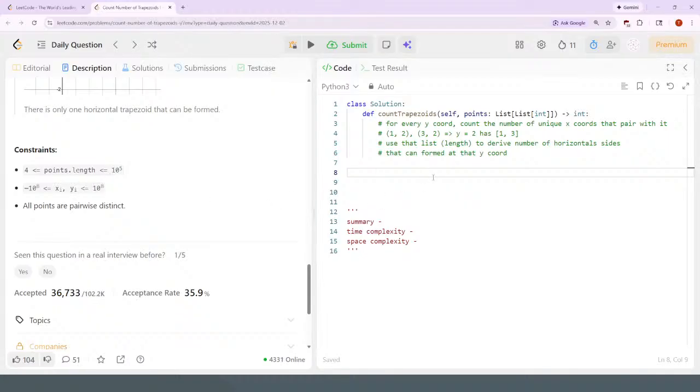So for every y coordinate, let's say x count is going to be a default dictionary. I don't even need a list. Actually, I just need to count. All points are distinct.